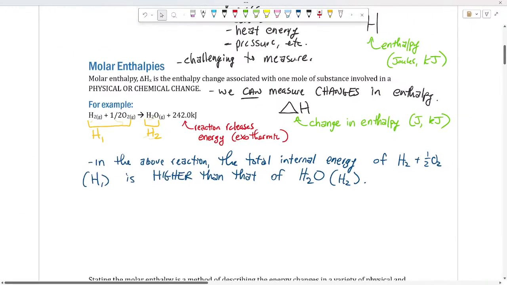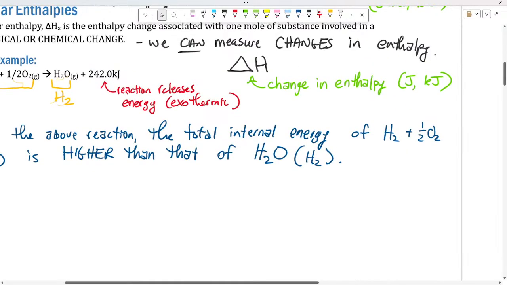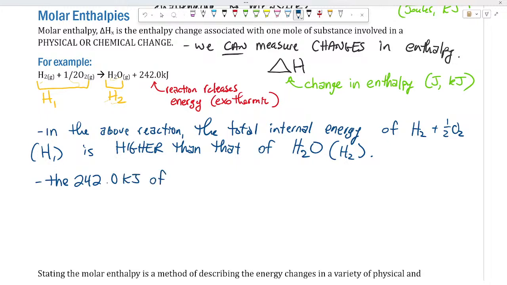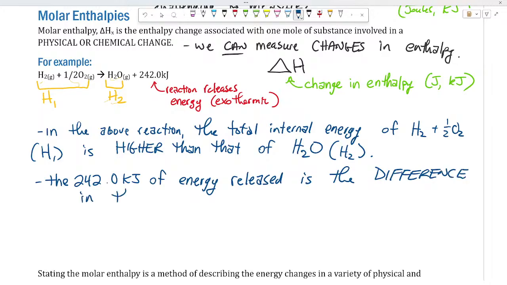How much higher? Well, we know exactly how much higher it is, because how much energy got released? The 242.0 kilojoules of energy released is the difference in their internal energies.